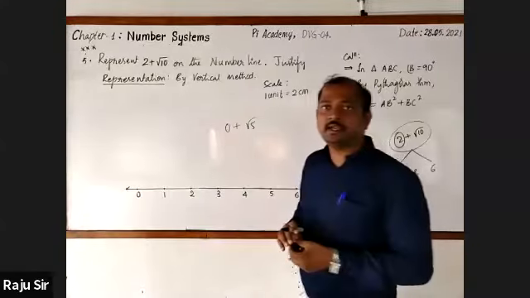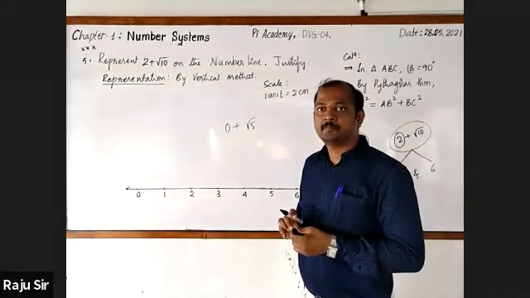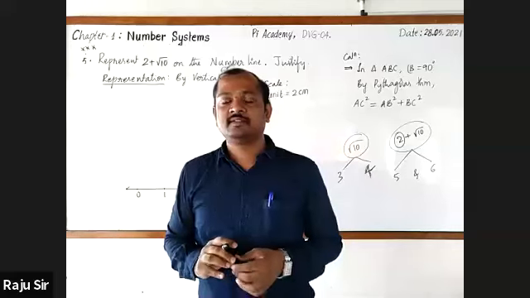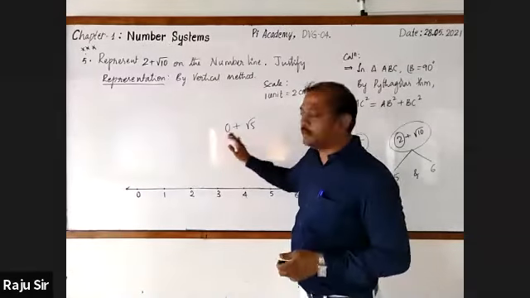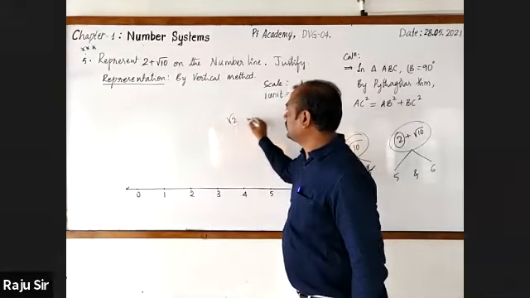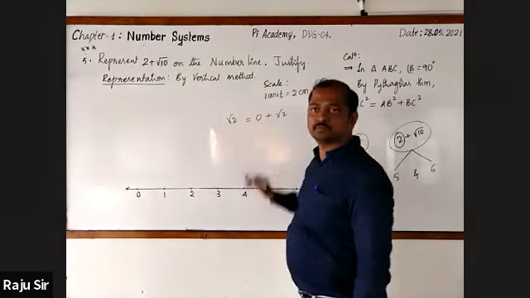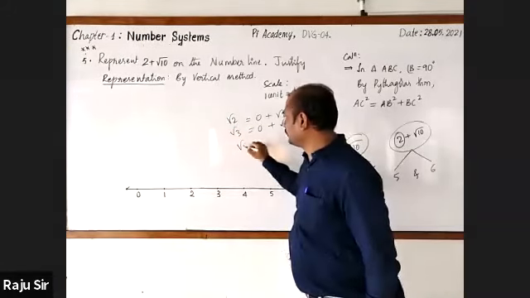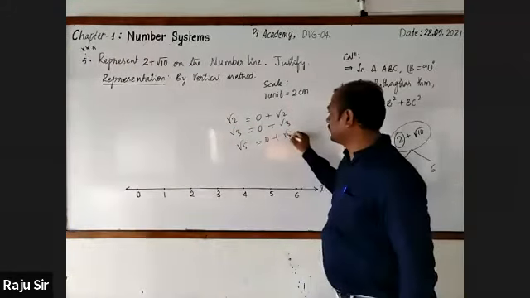Which point should be taken as A? Guessing is not good. Once I repeat. To represent root 2 is nothing but 0 plus root 2. Root 3, it is 0 plus root 3. Root 5, it is 0 plus root 5.